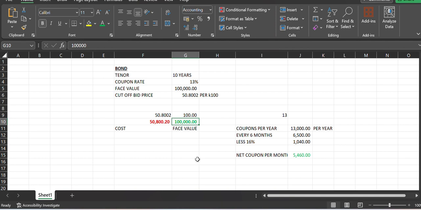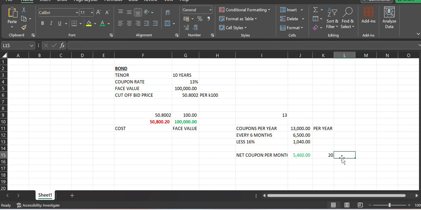But between now and that maturity date, when you get the 100,000 kwacha, every 6 months, you'll be getting 5,460, roughly that amount. That's like a net. So since this is every 6 months, you will get 20 of these.